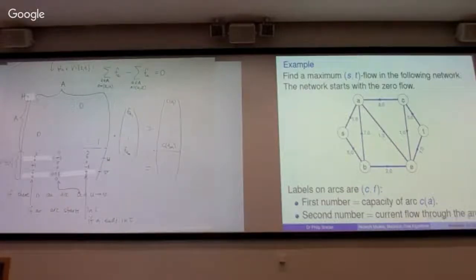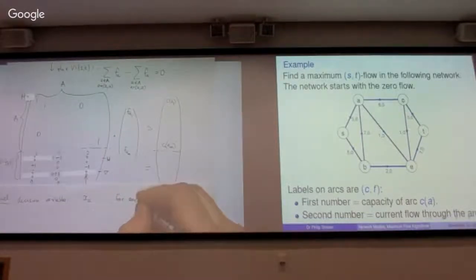So if we want to dualize, I'll call the decision variables X for each arc, and Y_U for each node.